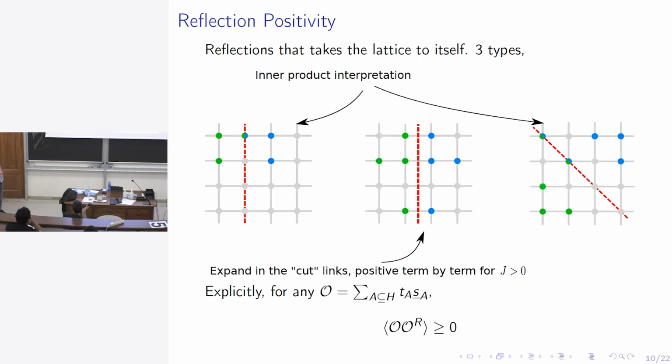Are there other kinds of lattices for which you are having better constraints, the honeycomb lattices? I don't think you will gain, at least naively, I don't see what you will gain from going to a honeycomb. I haven't thought about this. I think you will get a similar set of constraints.